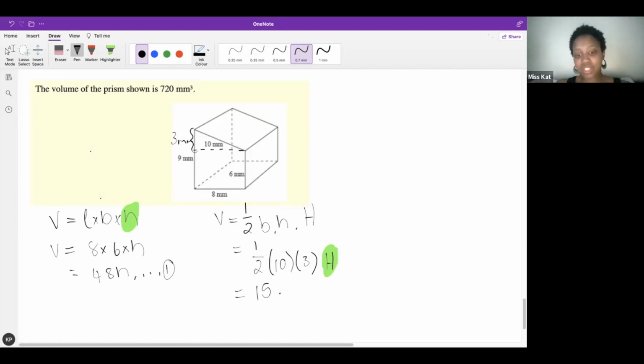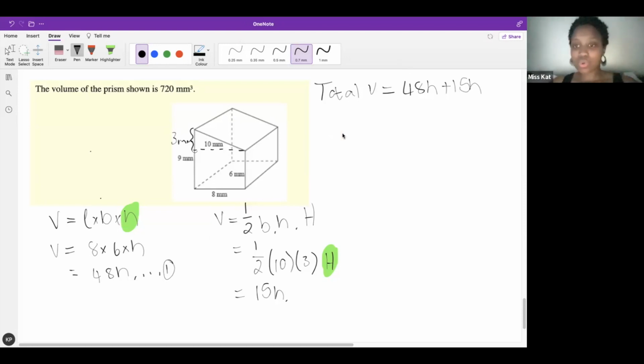We're on 15H. So what we've been told is the total volume, which means adding these up, which is 48H plus 15H has to equal how much according to the question? The total volume equals how much according to the information that we were given?